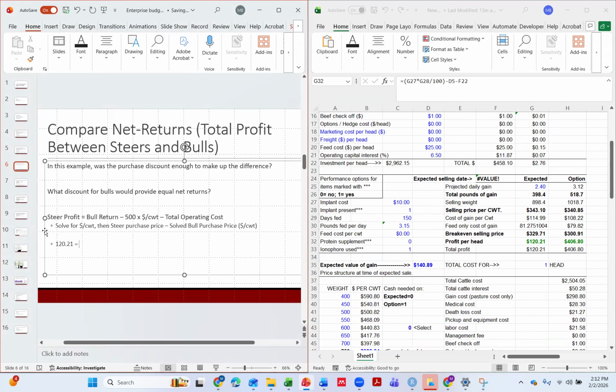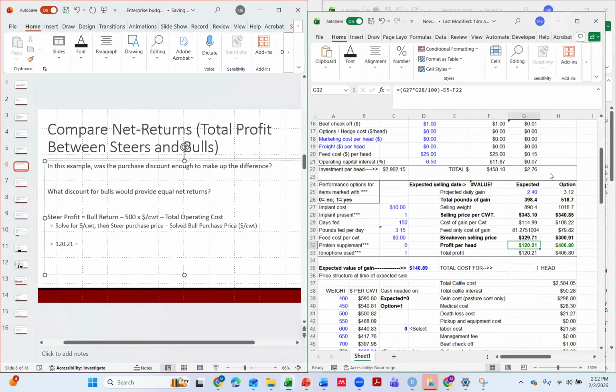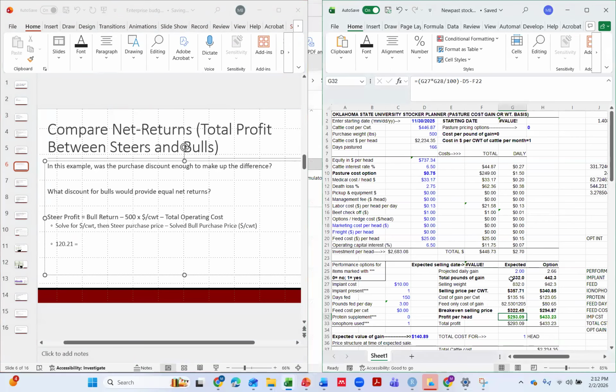We're going to set that equal to our bull return. So we're selling them at 832, 832 times 357.71.